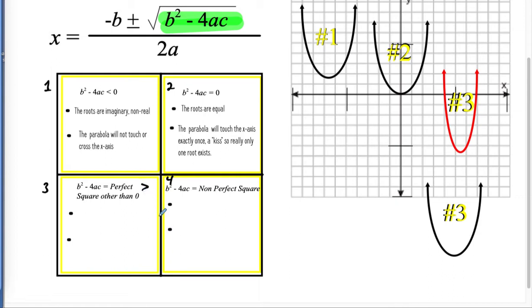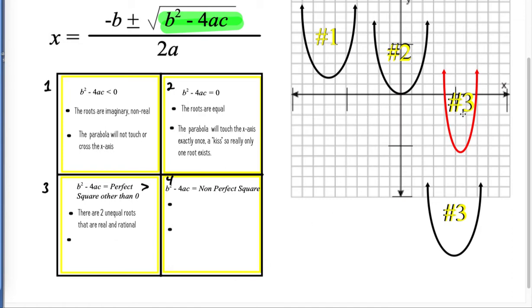We're talking about positive numbers here, right? We got rid of our negative numbers up here in case 1. So when we get a perfect square other than 0, like a 4, a 9, 256, 81, we like that. We can take the square root of it and we make our life happy. And that means there are 2 unequal roots that are real and rational.